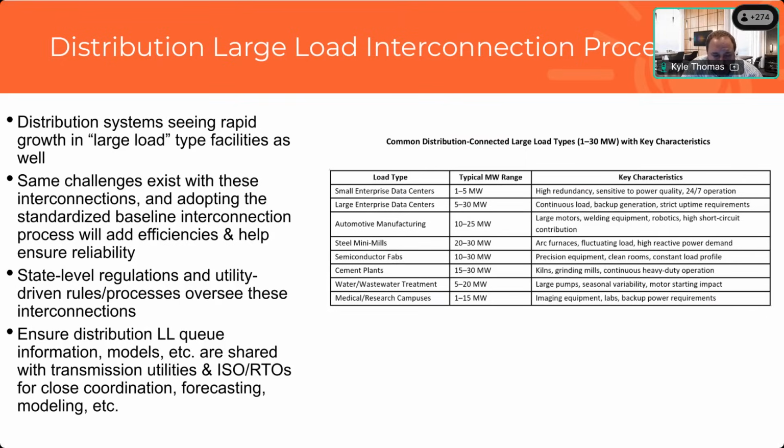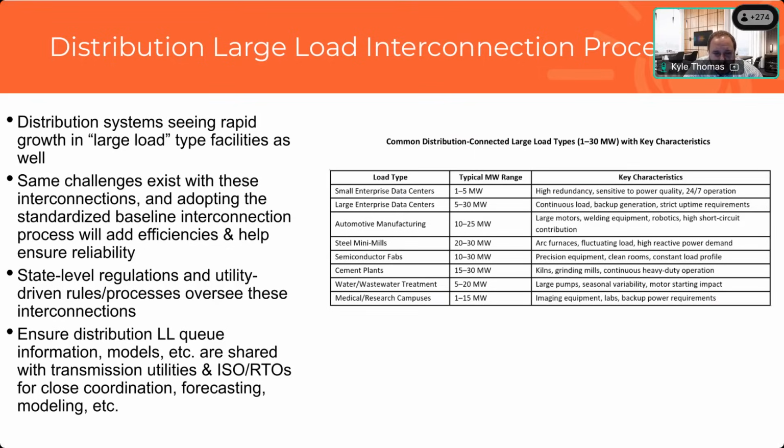The distribution world is typically entirely state-level driven regulations and policies, and also utility-level rules and processes on these interconnections. So we wanted to highlight that the distribution process can be supported by adopting many of the same baseline standard steps that we've defined in this report.